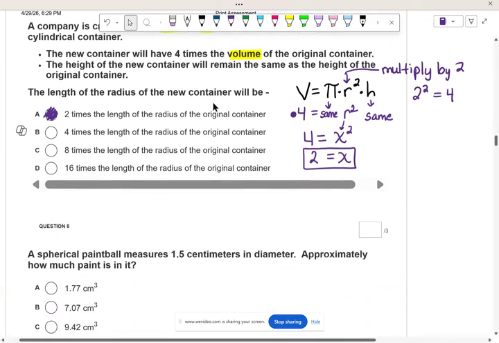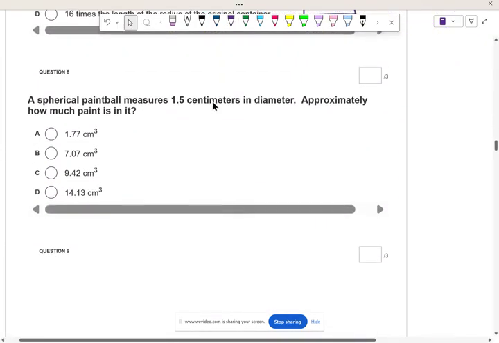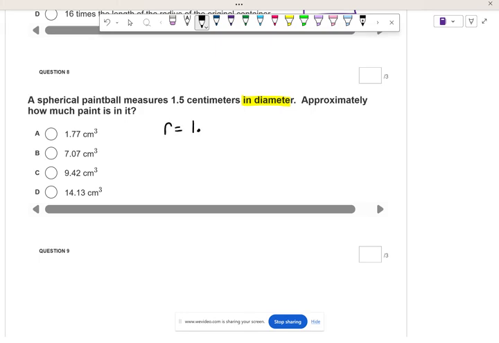All right, let's see, what have we got next? A spherical paintball measures 1.5 centimeters in diameter. Already I'm thinking we've got a problem. I know for spheres, we don't need diameter, we need the radius. To get the radius, we take the diameter and we cut it in half.